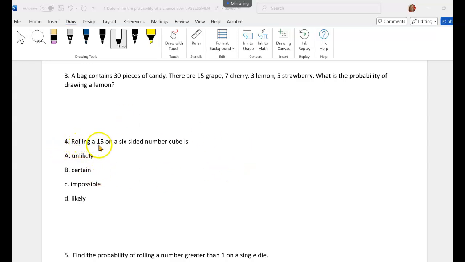Number four, rolling a 15 on a 6-sided number cube is A, unlikely, B, certain, C, impossible, or D, likely. If I'm going too fast, you need to just pause it.